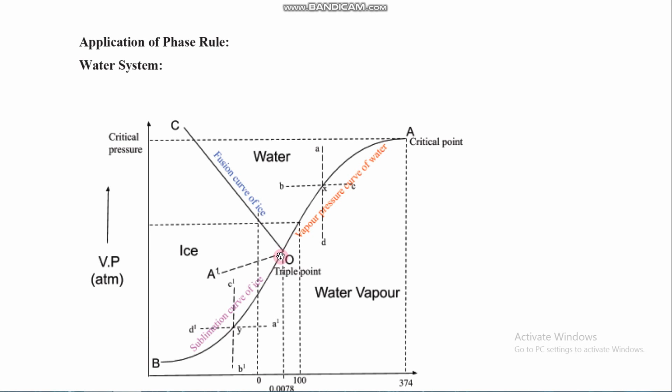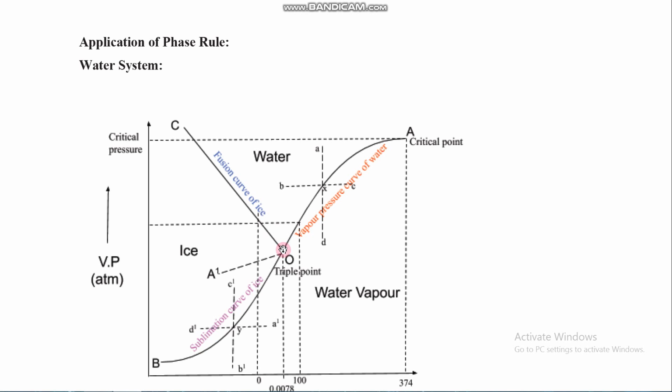This is the triple point O, where three curves meet each other: OA, OB, and OC. The OA curve indicates equilibrium between liquid water and vapor water, the OB curve indicates equilibrium between solid water and vapor water, and the OC curve indicates equilibrium between solid water, meaning ice, and water. These curves meet each other at this point O.